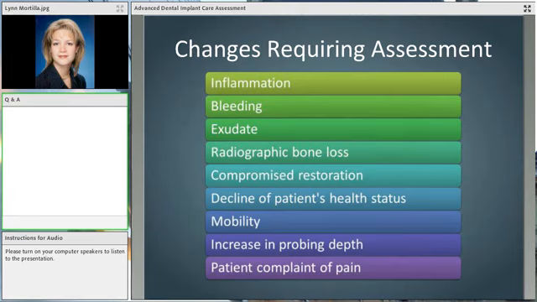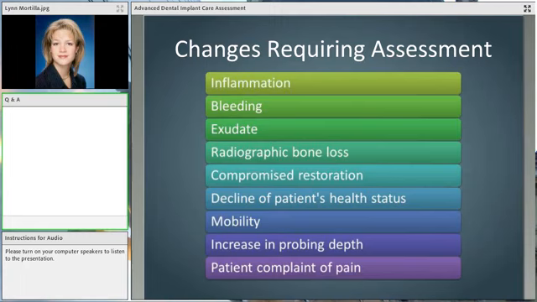So what are some of the things that might crop up that you might see during your initial view around the mouth? Well, you might see inflammation or bleeding, exudate. The patient may complain of bleeding. Maybe you're looking at a radiograph and see some loss of bone. Maybe the rest of the mouth is starting to have deterioration for some reason, or the patient's health status or medical history has been compromised, or you're noticing some mobility or probing depth increase, or patient is complaining of a problem or pain.